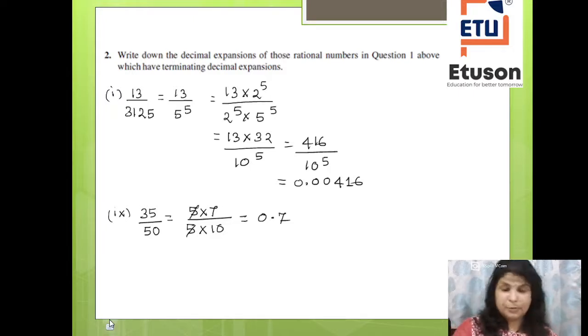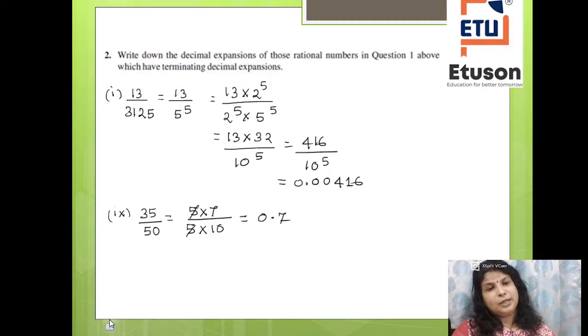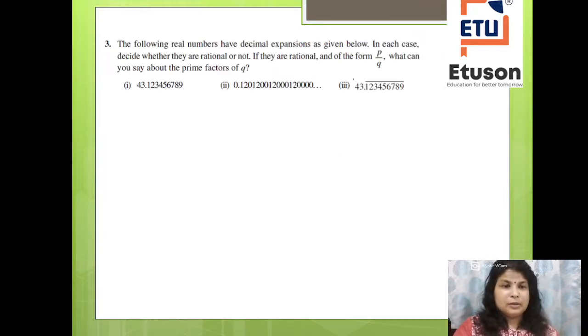So the rest of the problems you have to solve, and you have to check whether it is terminating or non-terminating. If you have found that it is terminating, then in question number 2, for those particular rational numbers, you have to find out the terminating decimal expansion. Clear, children? Okay, now let us go to the last problem.